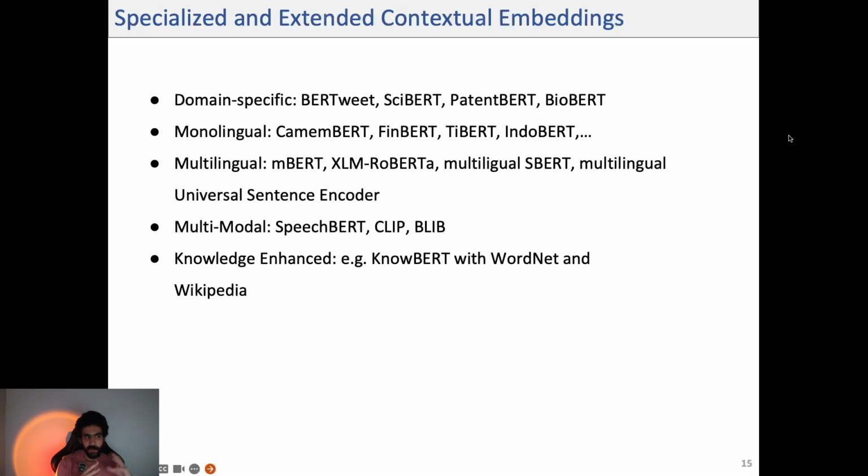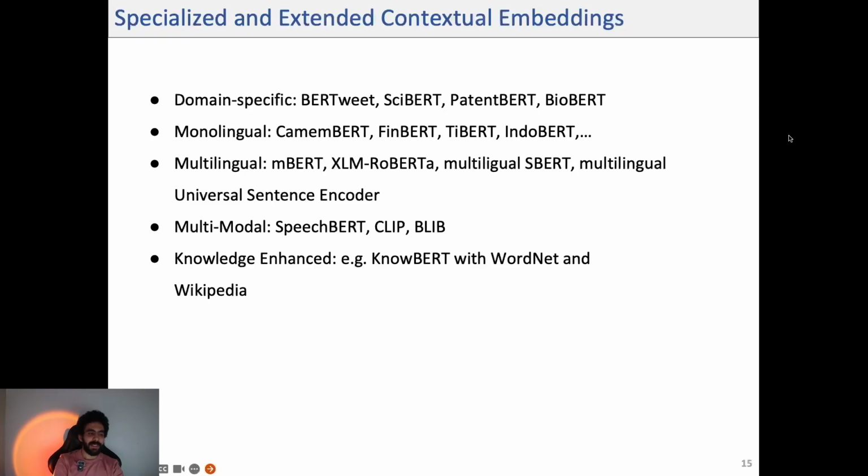On the other hand, we have multilingual models like mBERT, XLM-RoBERTa, or multilingual SBERT. These can work with many languages at once and are great for cross-lingual tasks. Multimodals. Some models go beyond text, like SpeechBERT, CLIP, or BLIP. These can understand text and images, or even text and audio. For example, matching an Instagram caption to a photo.